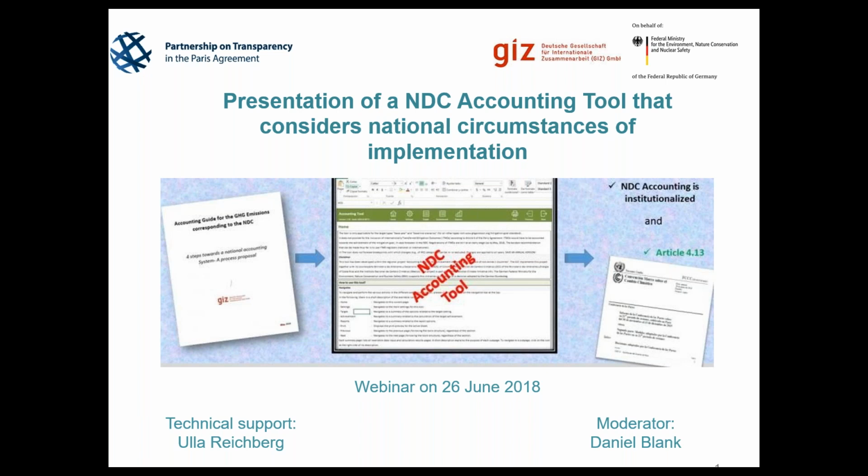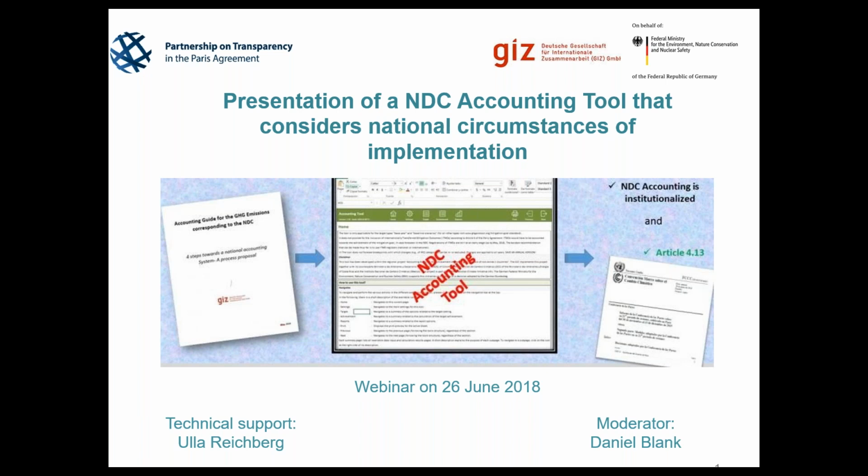an Excel-based accounting tool that translates and automizes many of the requirements, recommendations and decisions that have been written down in the NDC Accounting Guide into a tool.